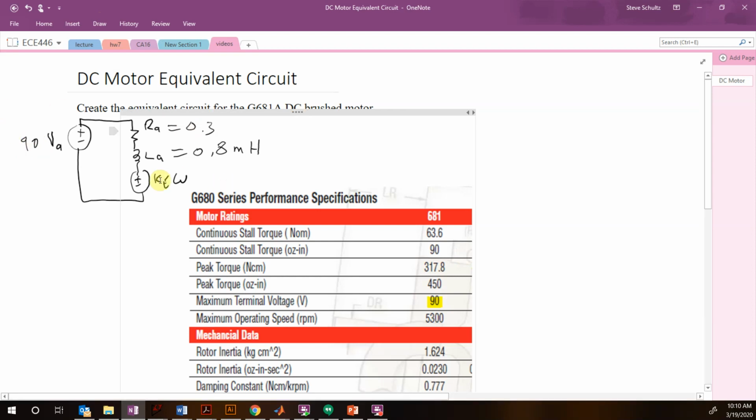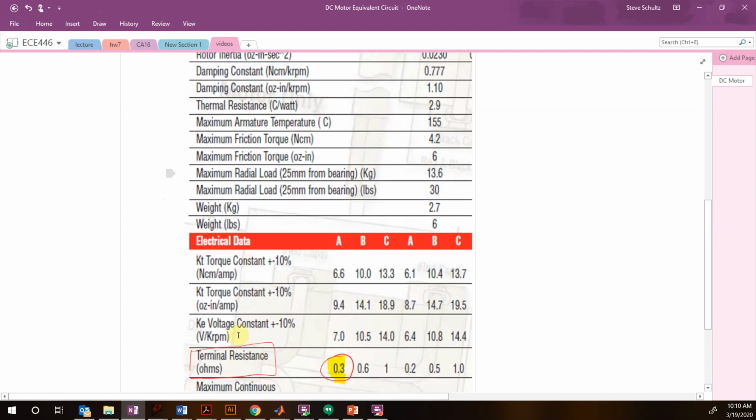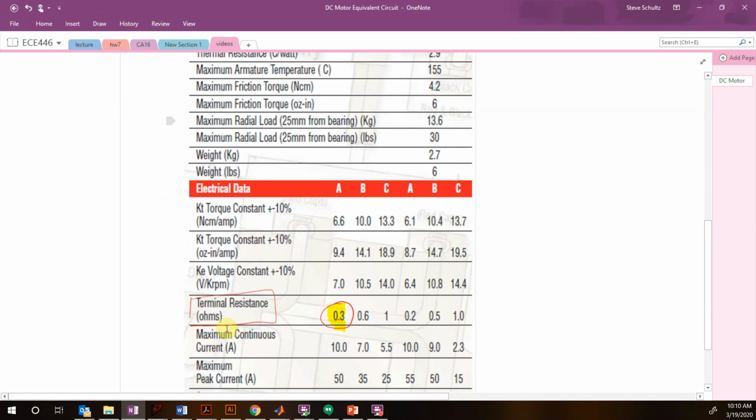And then we need our KE, and so then that's going to be our back EMF. So you see here is our KE, but you see it's in these units right here.